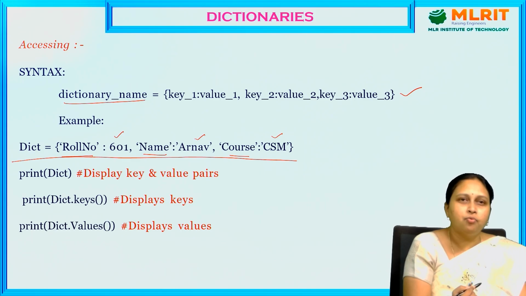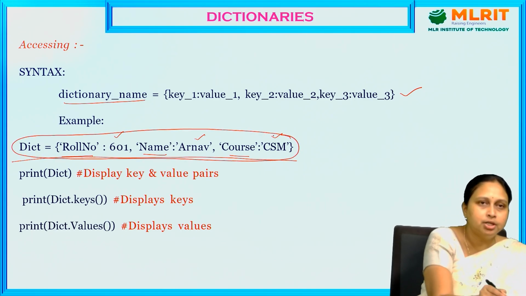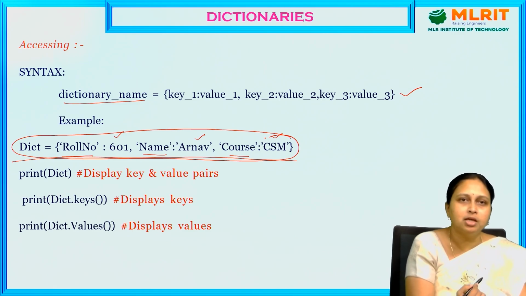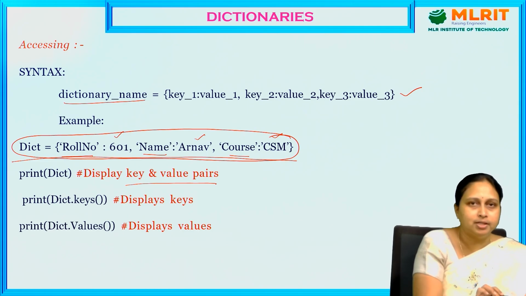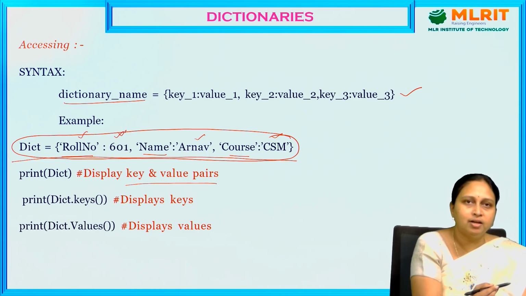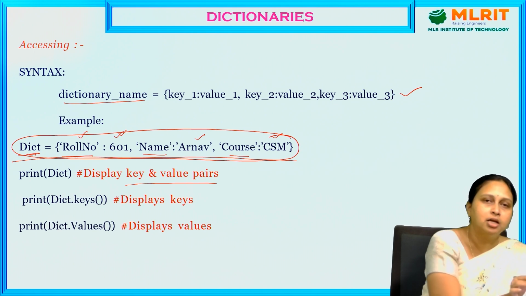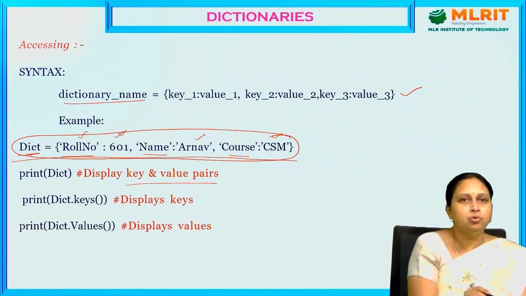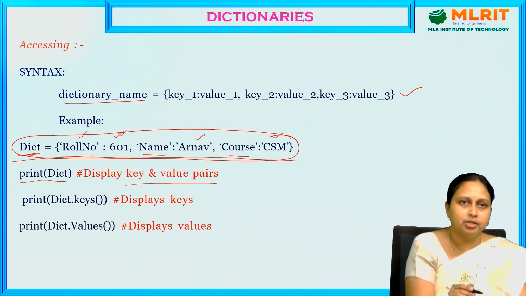Now, if I want to access the values assigned to this dictionary variable, that can be done by using a print statement. If I want to access both the key and value pairs, I can directly use that particular variable, and both keys and values will be displayed by using print of dict, that is the dictionary.